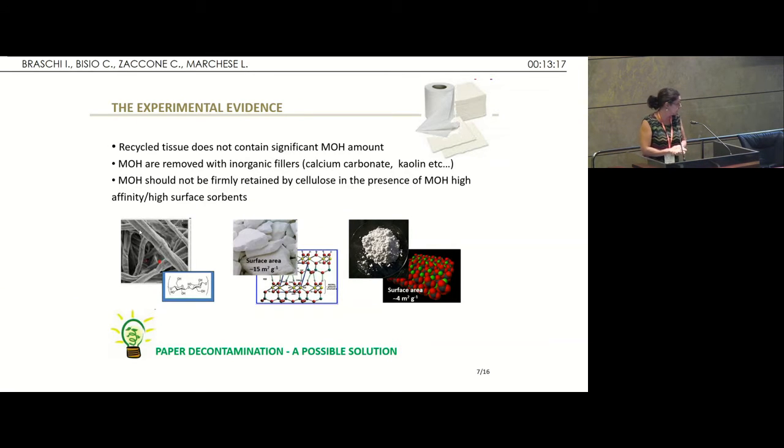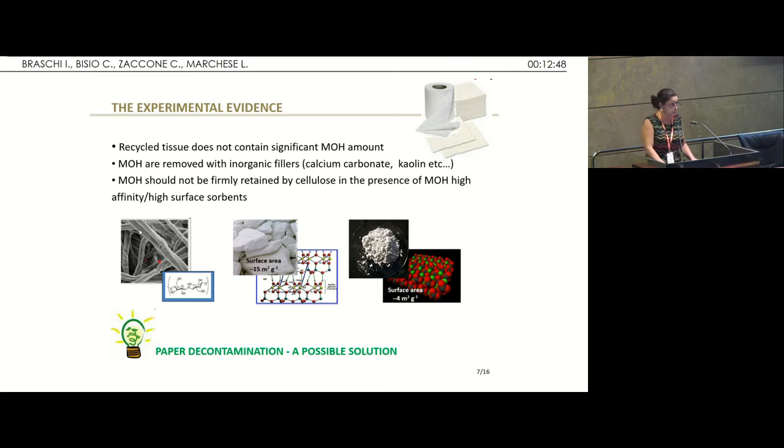So in tissue, even if you start from a recycled paper, you find a very low amount of mineral oil. So the idea was to use a sorbent phase like the kaolin and the calcium carbonate that after its removal from paper to produce tissue could remove mineral oil.